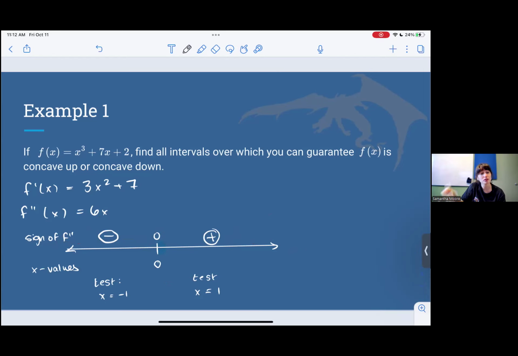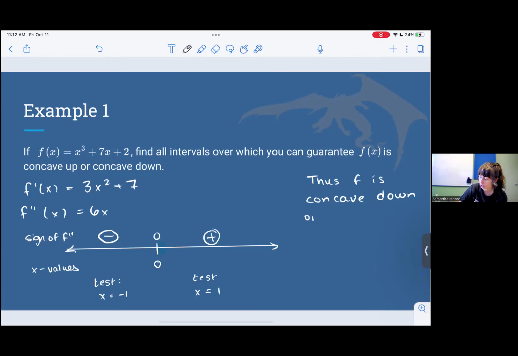So now what we need to do is go back and interpret this in terms of our original question, which is asking us about when f is concave up or concave down. So this number line tells me that f is going to be concave down on the interval where f double prime is negative.